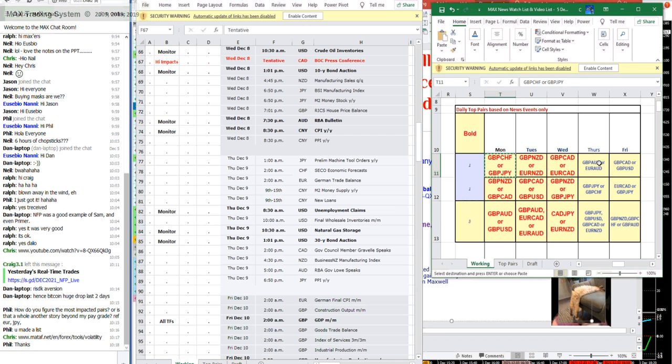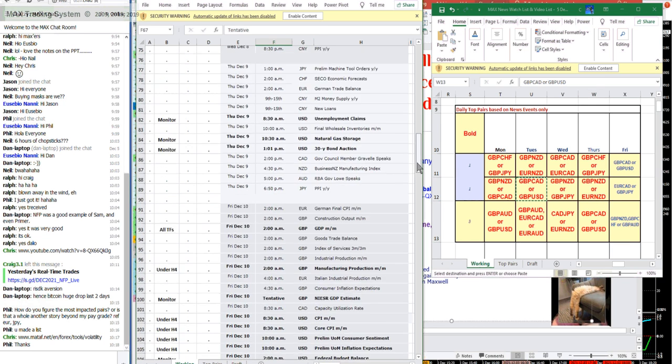Then the pound kiwi or the euro kiwi. And then the pound card or pound US dollar. Like Tuesday, second line. Okay, and leftovers from Thursday, there's nothing.